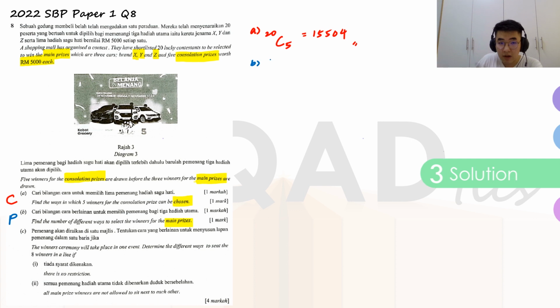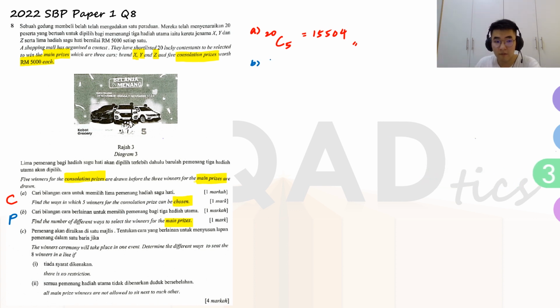From the remaining contestants, which is 20 minus the 5 consolation winners, so it will be 15, we need to choose 3 of them and arrange the prizes for them. So it will be 15P3, and the answer would be 2730.